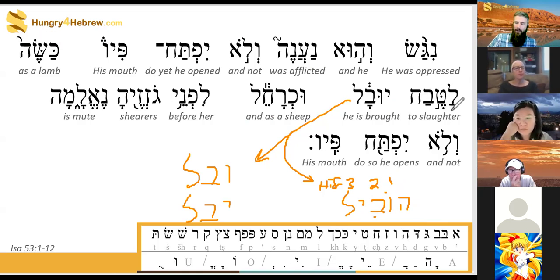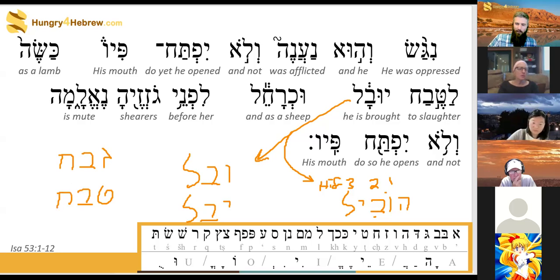I was just thinking about this. I want to look it up now, whether the words zevach and tevach are related. Slaughter and sacrifice. Yeah, because remember the mizbeach is the slaughter place, and tavach means to slaughter or butcher, and it's where we get the word mitbach, kitchen.